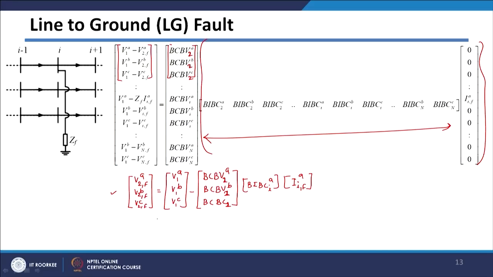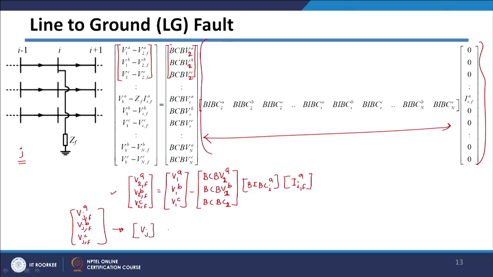We can generalize it and write it like this. So, for all the 3 phases collectively, I can write for any jth bus, Vj. This consists of all the 3 phases, means this matrix will basically be Vj F A phase, Vj F of B phase, Vj F of C phase, means post fault voltages of the jth bus of all the 3 phases.